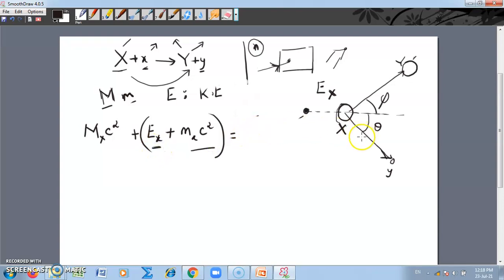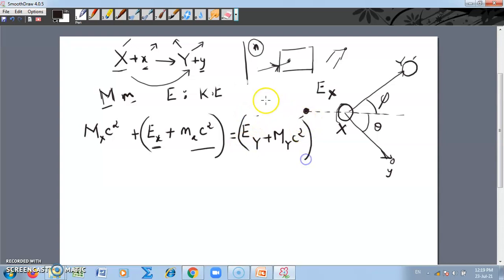But on the other side we have capital Y and small y. Since both have velocities, they will have kinetic energy as well as rest energy. So we can write this as E_Y plus m_Y c square.